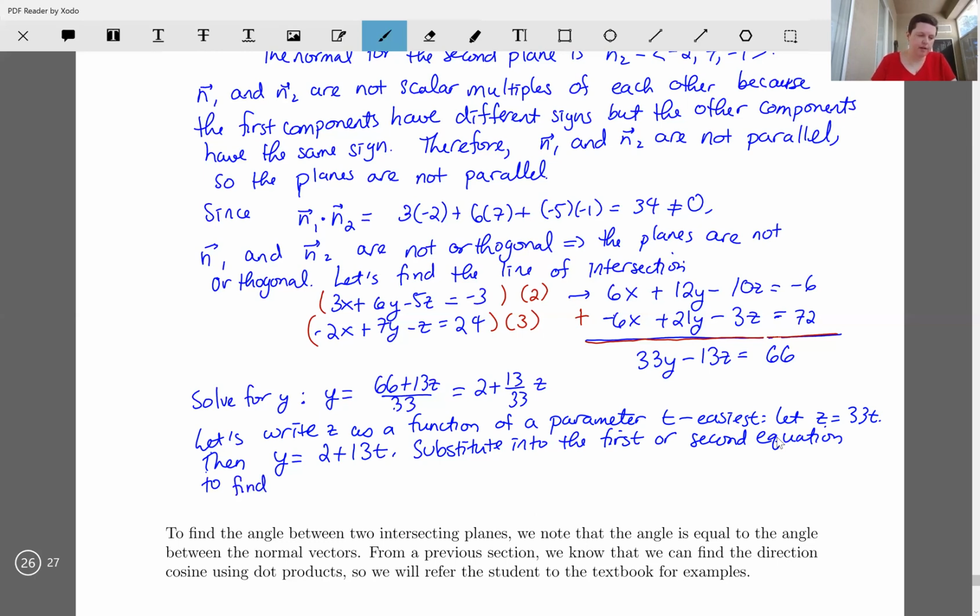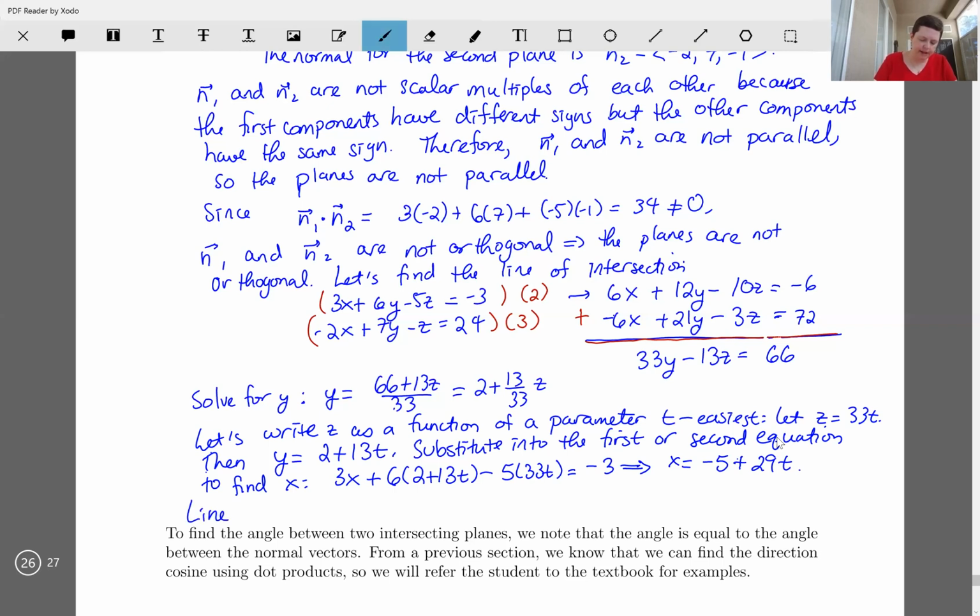Okay, I will use the first equation. So I have 3x plus 6 times 2 plus 13t minus 5 times 33t is equal to -3. Without showing all the work, I'm just going to go with x is equal to -5 plus 29t.